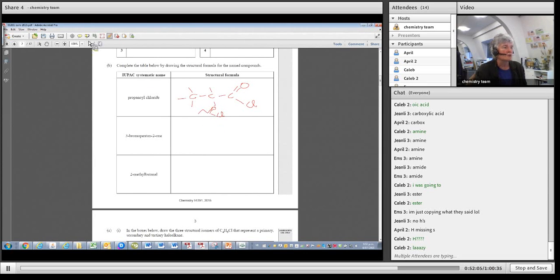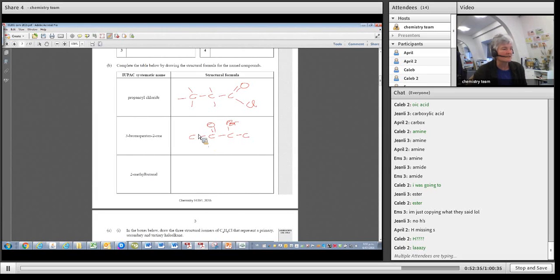But for level 3, you have to draw all the hydrogens. Now for this one, I'm going to draw something and I want you to tell me if it is correct, assuming all the hydrogens.